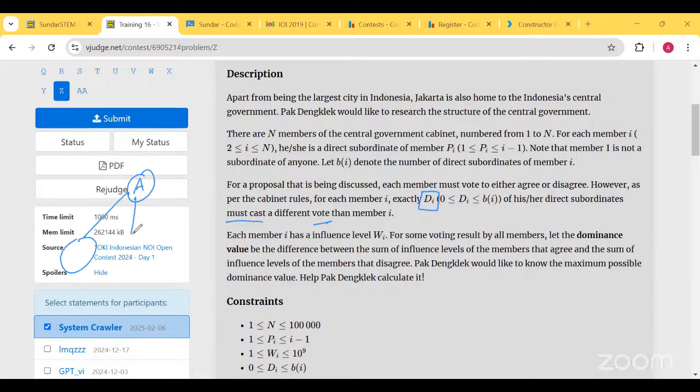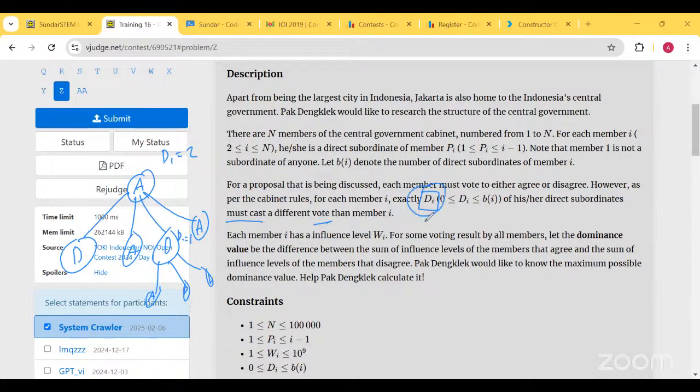It means the children, for example di is equal to 2, then two of them should be disagree and the other is agree. All right. Then for example here di is equal to 1, so one of them should be agree and the other is disagree.